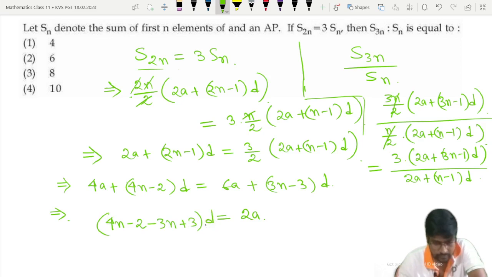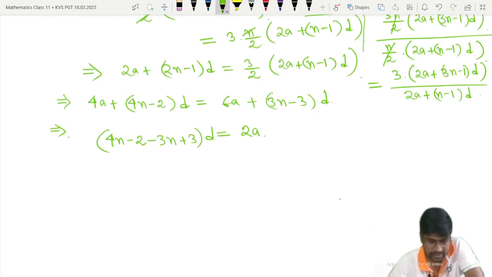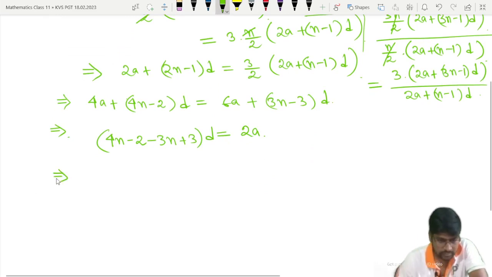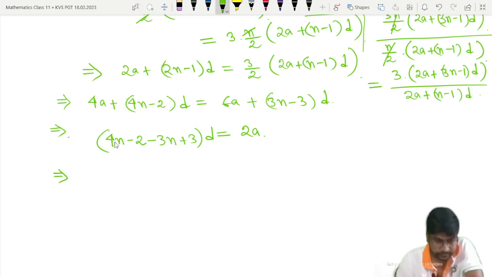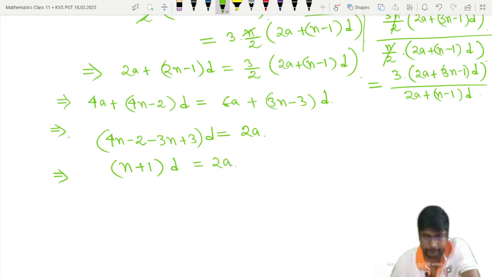into d. So this can we write or not? This we can write. So 4n minus 3n, that is n plus 1 into d, is equal to 2a. So the value of 2a is n plus 1 into d. So this value we will put there and we will see what we are getting.